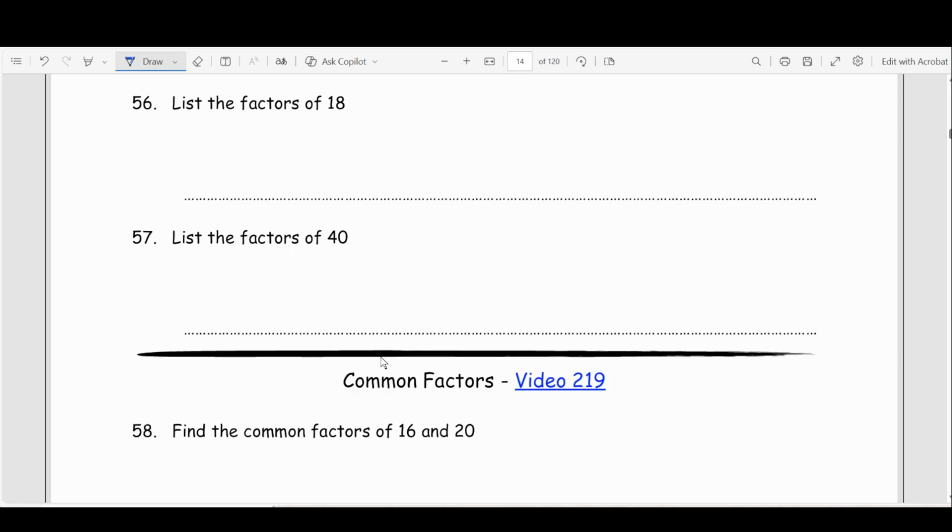Factors. Factor means the number with which 18 is completely divisible. This is what factors of 18 means, with no remainder, right? So can you give me factors of 18? See, the easiest way to figure out factors is like 1 times 18 is 18, right? Then check in 2 times table. 2 times 9 is 18, right?